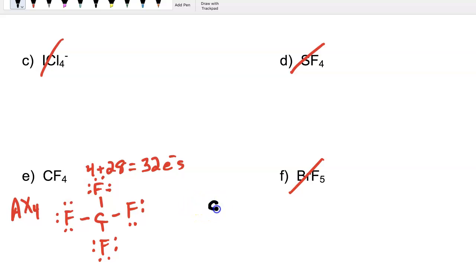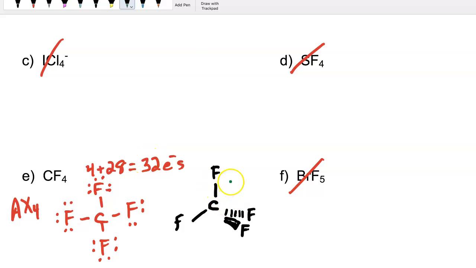I'm going to have carbon in the middle, 1 fluorine going up at 109.5 from this fluorine. And then because it's a tetrahedron, we end up getting this shape where everything is 109.5 degrees apart.